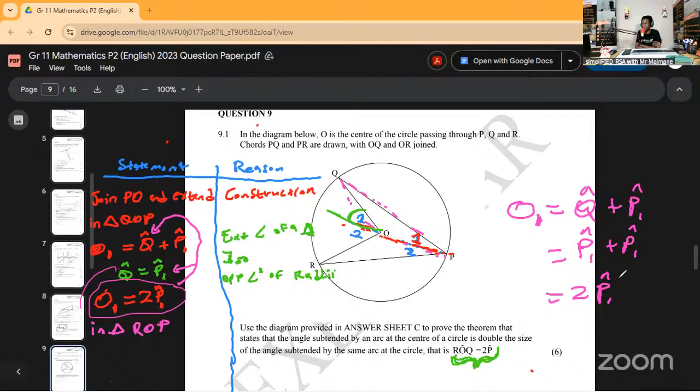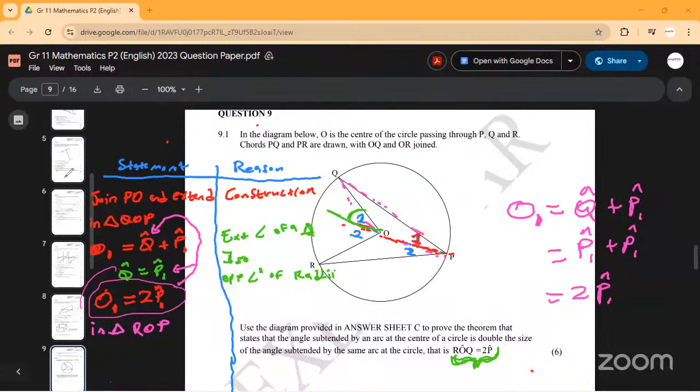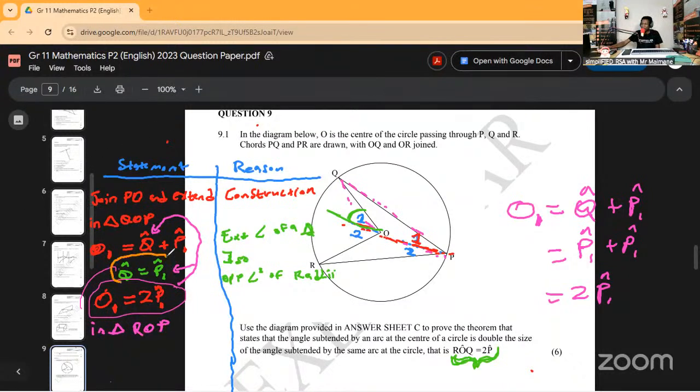I don't know if I'm confusing you even worse. Should I try a different explanation? Maybe try a different explanation. So if you agree that Q and P1 are equal, you just substitute: where there's Q, you put P1 since they are equal.